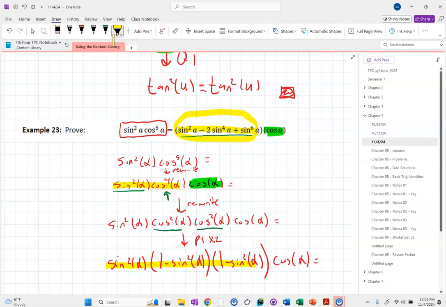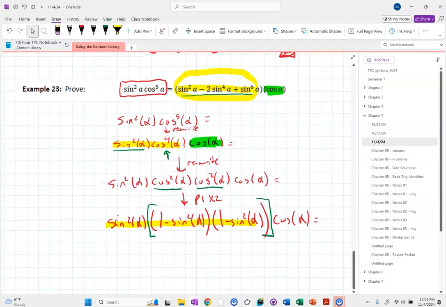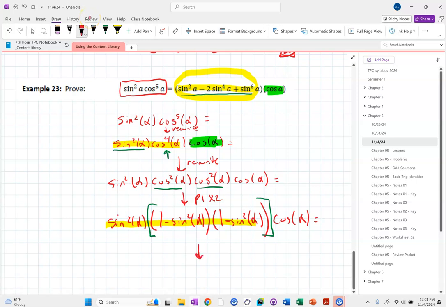So on the left, I have 3 things multiplied together: sine squared, 1 minus sine squared, and 1 minus sine squared. On the right, I have 1 thing. So reason would tell me, let's just multiply everything out on the left-hand side and should get me what I want. So I'm going to do that first.